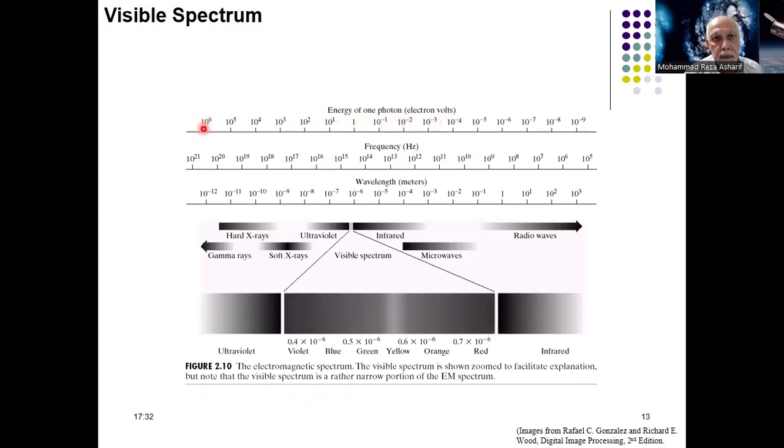Here the wavelength is from 10 to the power minus 6, and the frequency is 10 to the power 21, 10 to the power 5, in hertz. So here is kilo, mega, giga, and tera. The wavelength runs from 10 to the power minus 12 to 10 to the power 3.